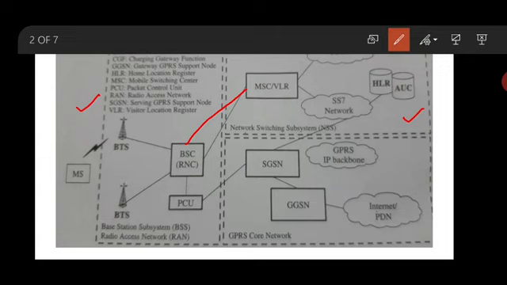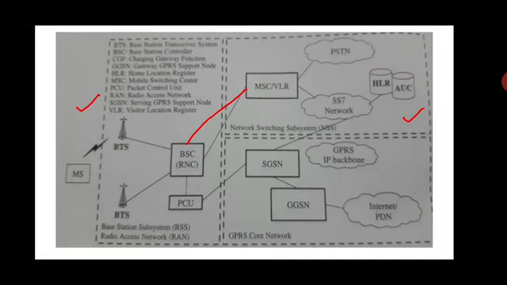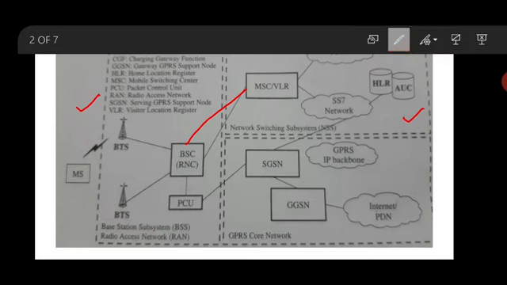The n number of BSCs are under the control of one MSC, and likewise we can have n number of MSCs. Several other components are connected to the MSC: HLR, the home location register, and AUC, the authentication center. The MSC is also connected through a wired, broadband connection to the PSTN or the SS7 signaling network.